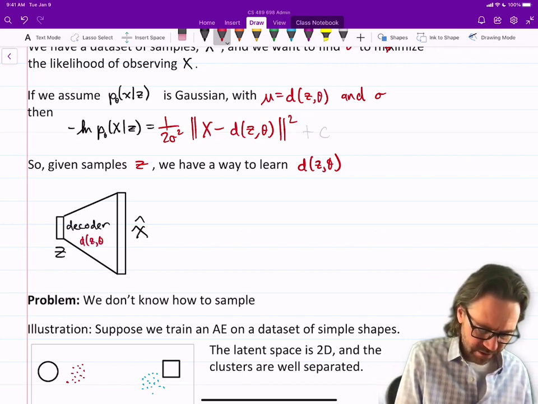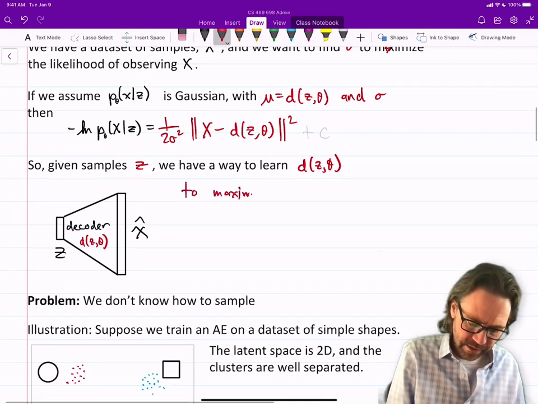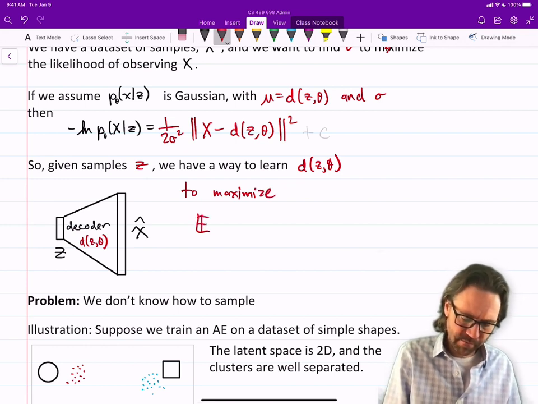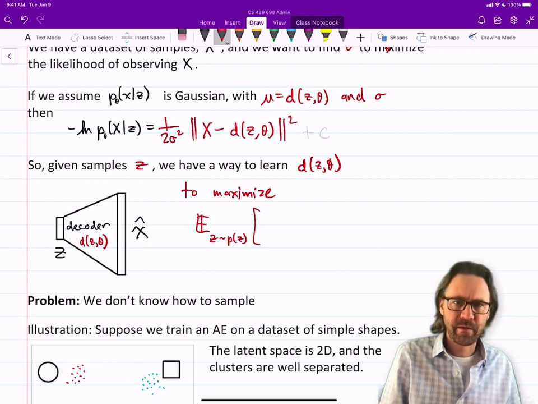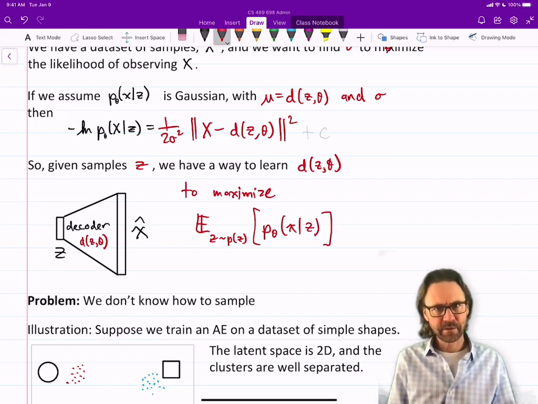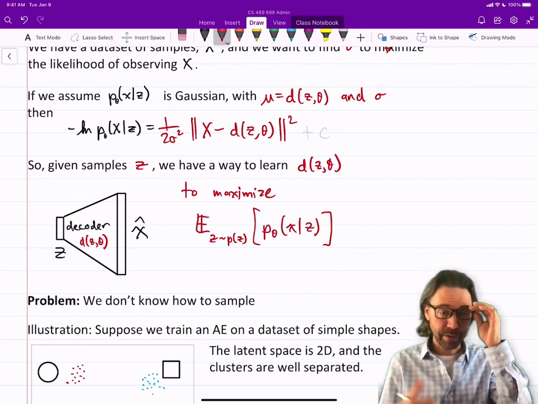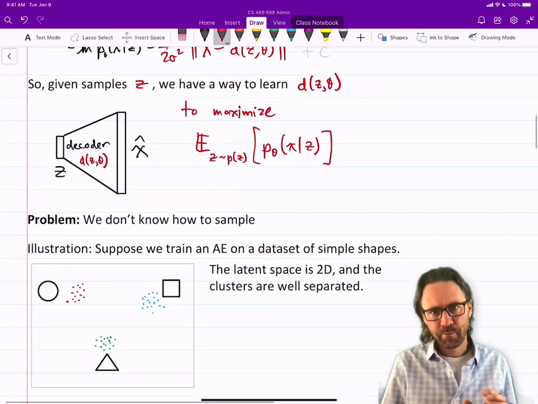D of Z theta is our decoder, to maximize the expected value taken over Z, sampled from P of Z, of the probability of X given that Z. Okay? So we've already done that sort of stuff with autoencoders, actually. We've already learned decoders. So that'll be one part of it.